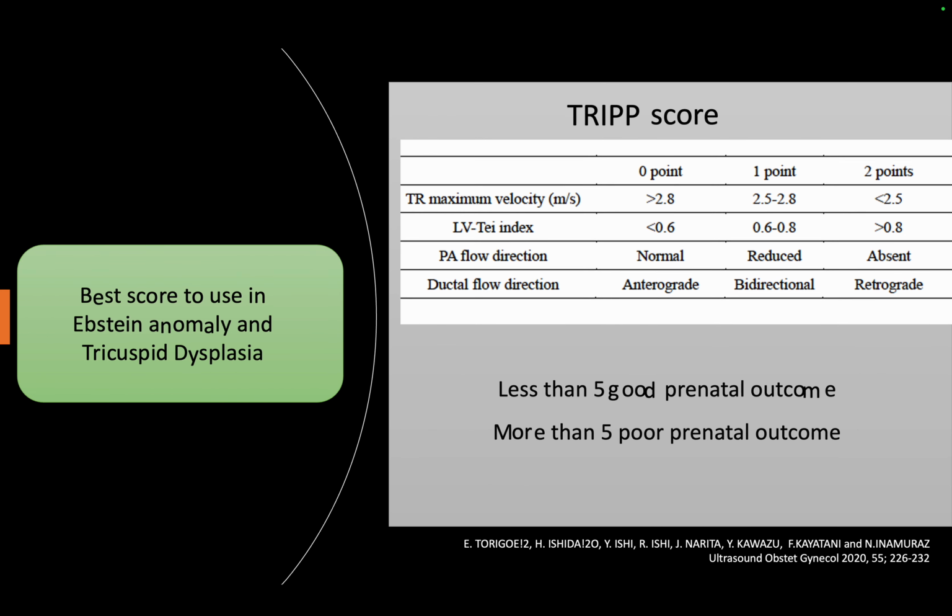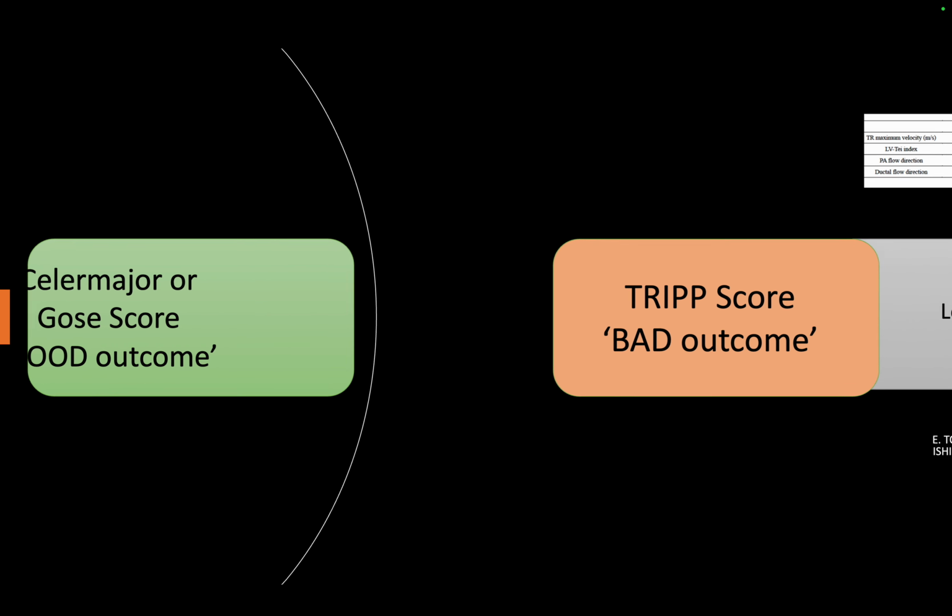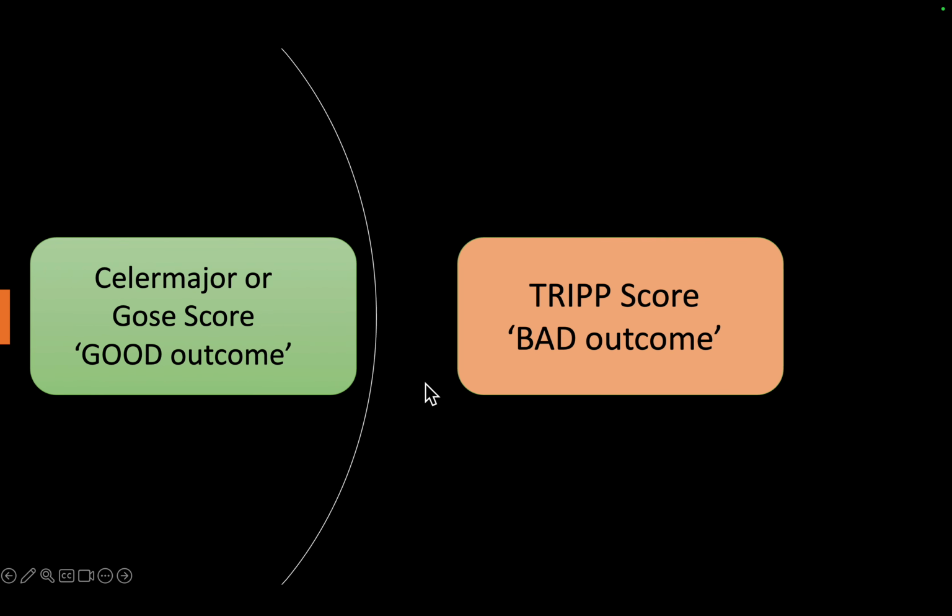So this is what we wanted to tell you, that less than 5 is good, more than 5 is a very poor prenatal outcome. In this case, we had a discordance between the GOSE score, which said everything is good, and the TRIPP score, the newer score, which said that the outcome is bad.